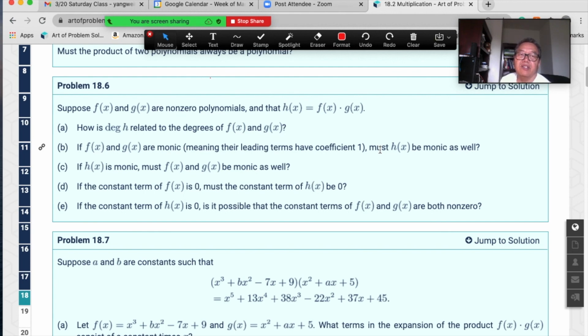Is this one true or false? I believe it's true. Do you know why? Because if you have, say, x to the power of 2 times x to the power 3, that'd be x to the power 5. And it works with every other variable and every other power. Yeah, that's true.